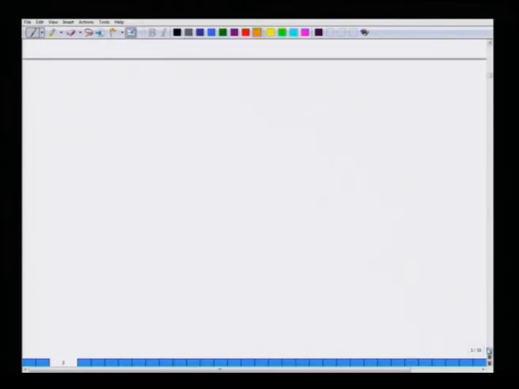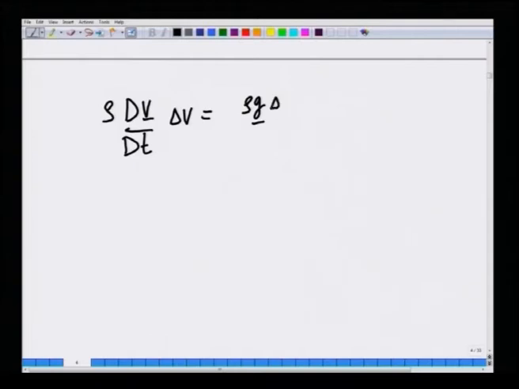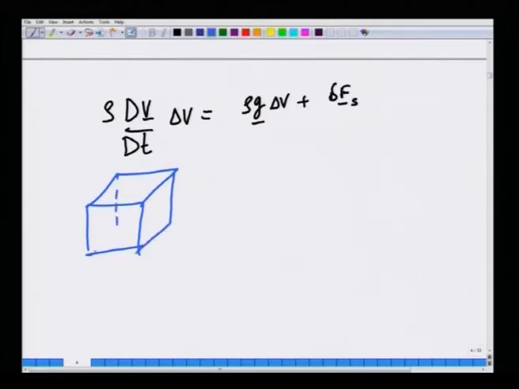Having done all this, we went back to the differential momentum balance, which simply said that it is rho g times delta v plus the surface forces acting on the cube. Now, the way we did it was to consider each face of the cube, take each direction x, y, z.